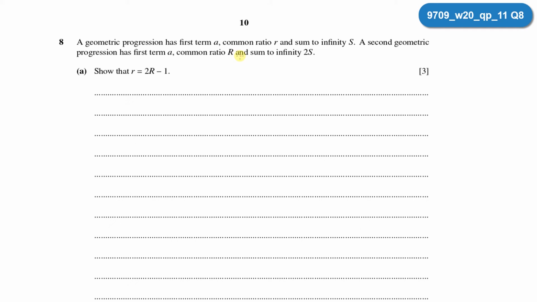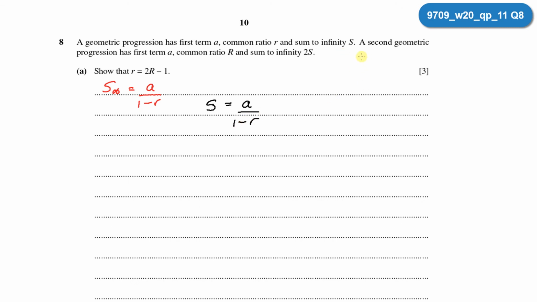So here we're going to use the information given. Since we're talking about sum to infinity, the formula is a over 1 minus r, where a is the first term and r is the common ratio. From the question, the first progression has sum to infinity s, so s is a over 1 minus r.